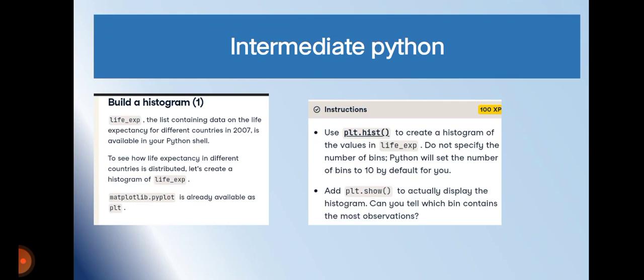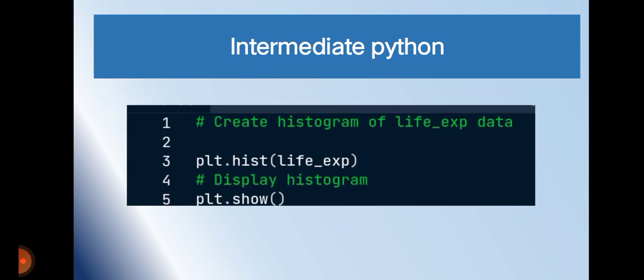In the instructions we can see that we have to use plt.hist to create a histogram of life expectancy, and to show our result we have to write plt.show. So let's look. Create a histogram of life expectancy data. We will simply write plt.hist life expectancy, and for displaying the histogram we will write plt.show, and our histogram will be displayed.